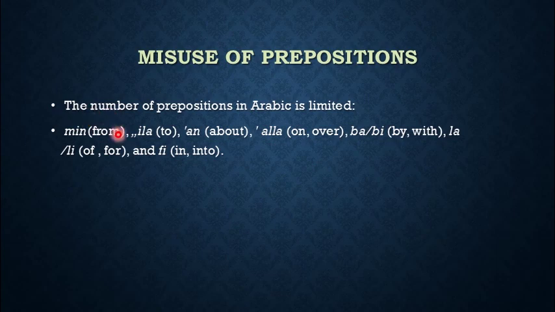For Arab learners, they would know that من is from. إلى is to, عن about, على on or over, probably on is more used than over. Be, by or with, li, of or for, okay, and في, in or into. This is the literal translation of every Arabic preposition.